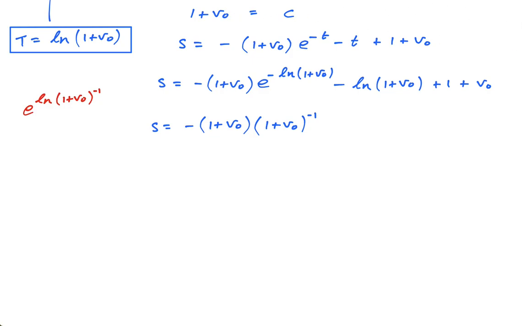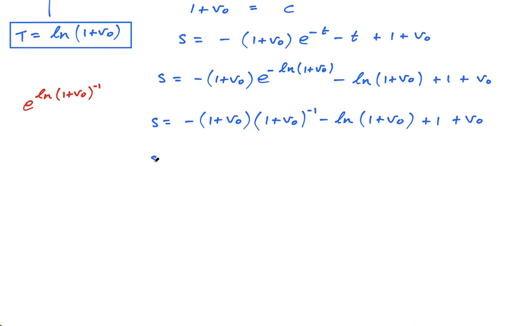Anyway, let me continue. That minus ln of (1 plus v0) plus 1 plus v0. This times this is just 1 because they cancel.